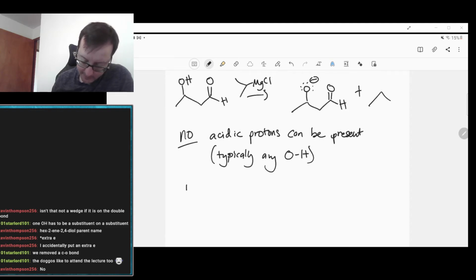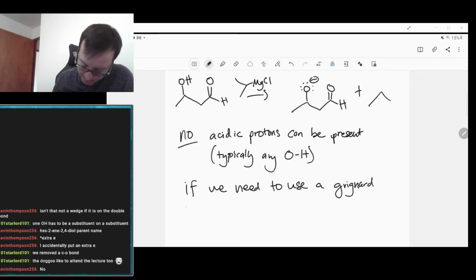If we need to use a Grignard reagent in the presence of an alcohol, we need to hide it.